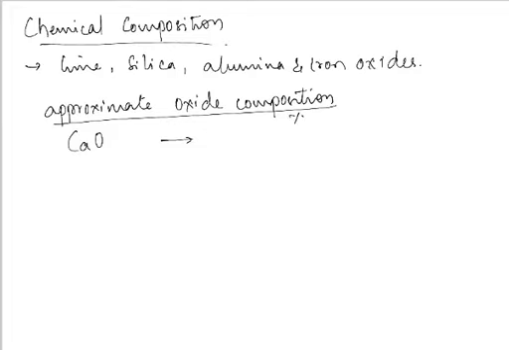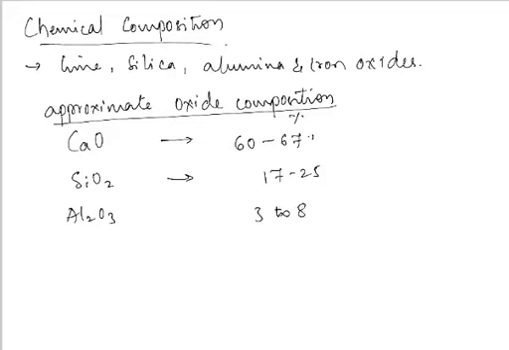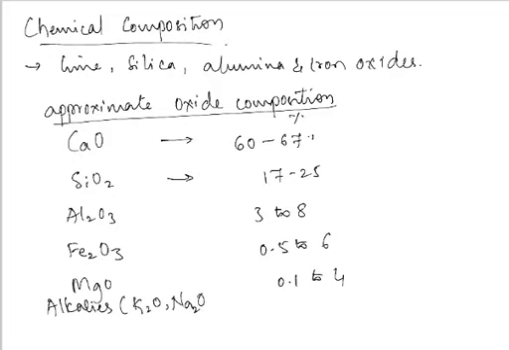Calcium oxide 60 to 67%, silicon dioxide 17 to 25%, aluminium trioxide 3 to 8%, Fe2O3 0.5 to 6%, MgO, that is magnesium oxide, 0.1 to 4%, alkalis such as potassium oxide and Na2O 0.4 to 1.3%, sulfur trioxide 1.3 to 3.0%.